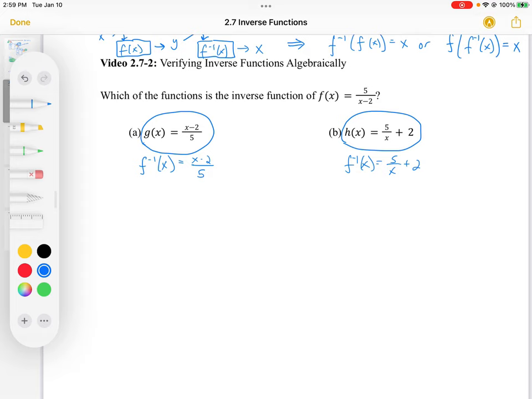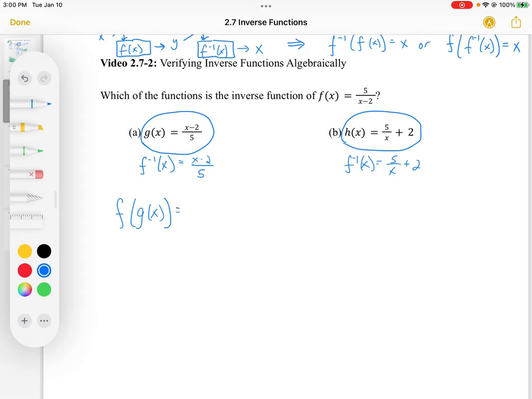So let's take the inverse function on the left, part A, and substitute it into f of x. We're going to take g and plug it into f.